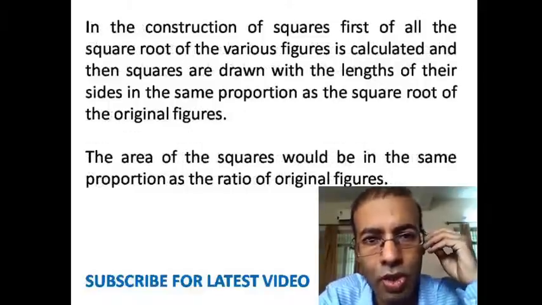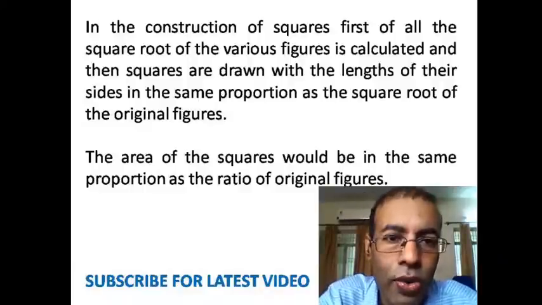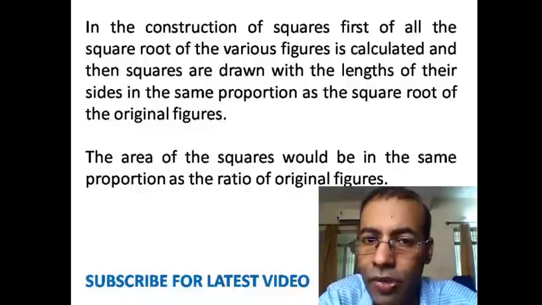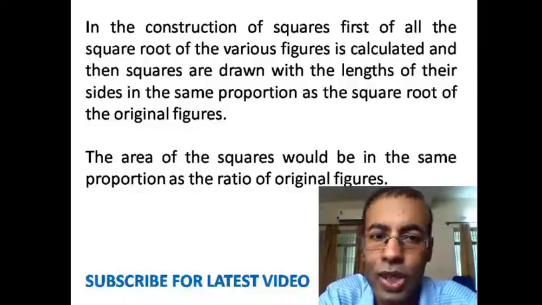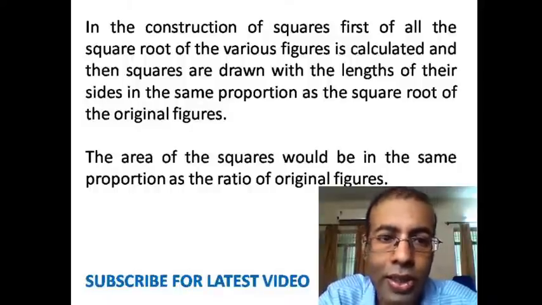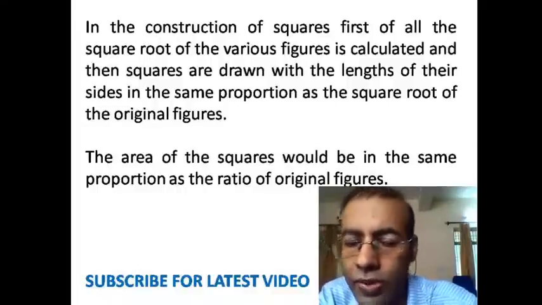In the construction of a square, first of all, the square root of various figures is calculated. For different values we calculate a square root, and then squares are drawn with the length of their sides in the same proportion as the square root of the original figures.